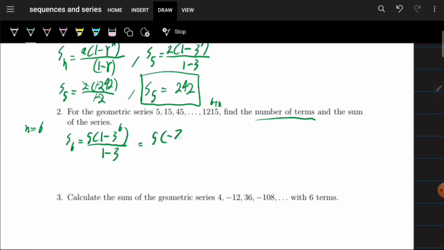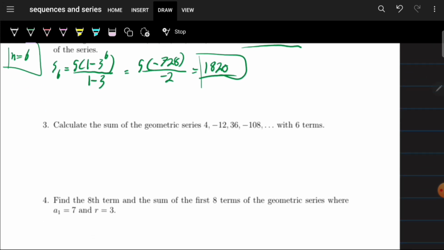So this is negative 728 all over negative 2, and let's see what this comes out to. So times 5 divided by negative 2, that's going to be 1,820. That's what the sum comes out to. Okay, so 6 terms, and this is the sum.